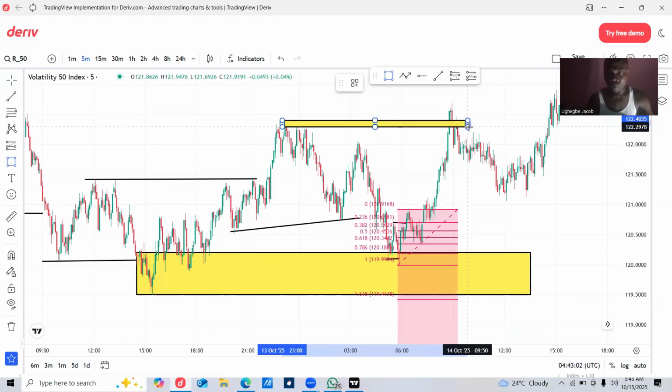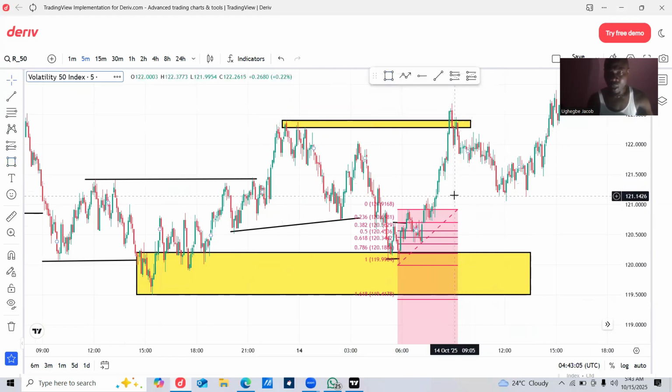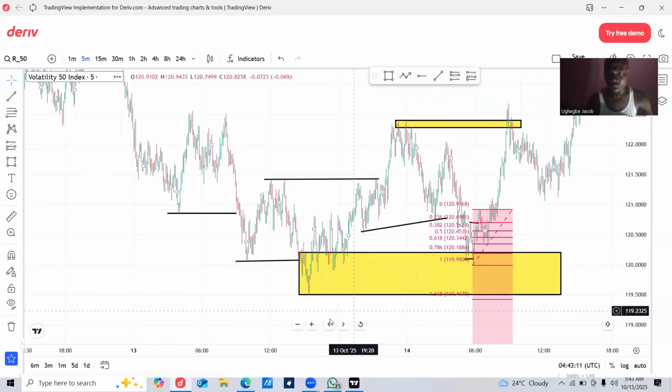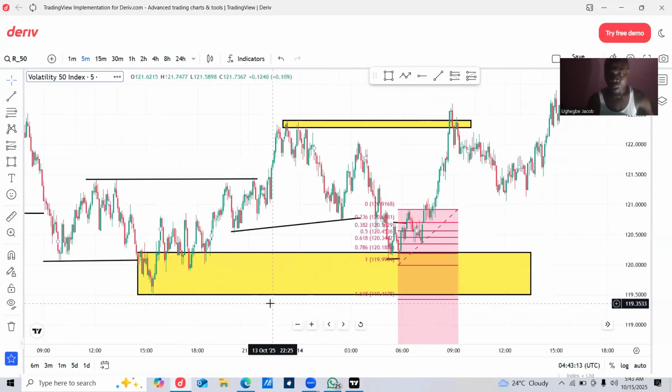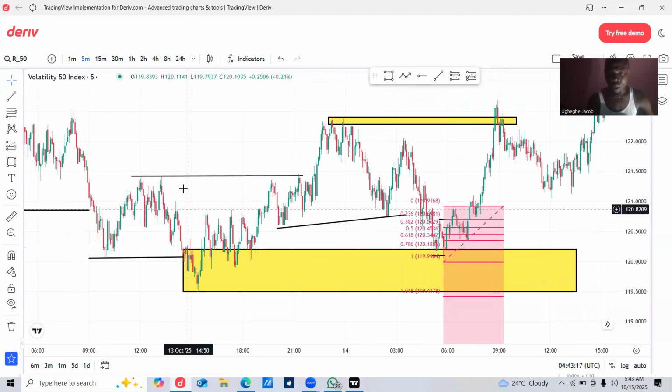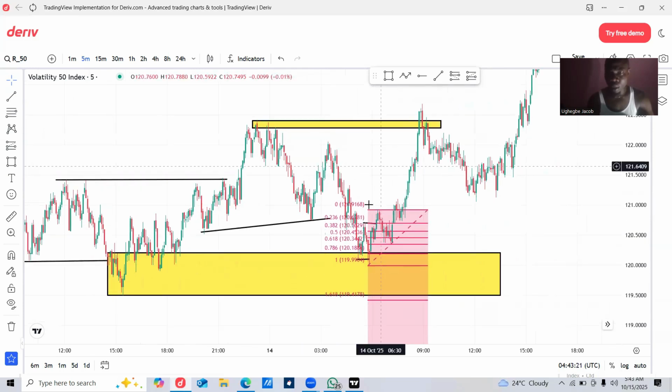You can take your profit at this high. Once you enter the market from this area here, remember this is our general move, because this is the area the market shifted structure. So from this area, once the market taps this area, you allow the market to shift structure, which is this.